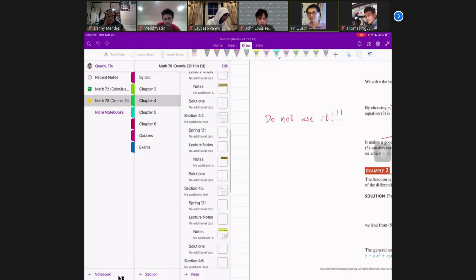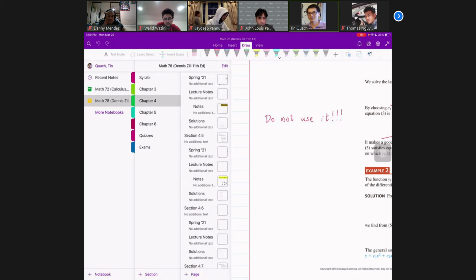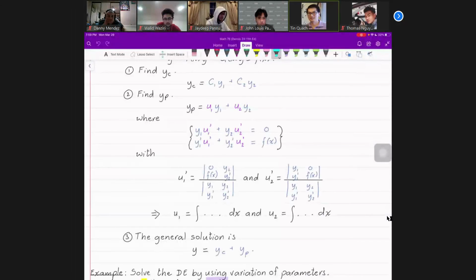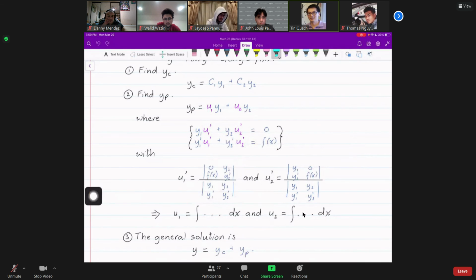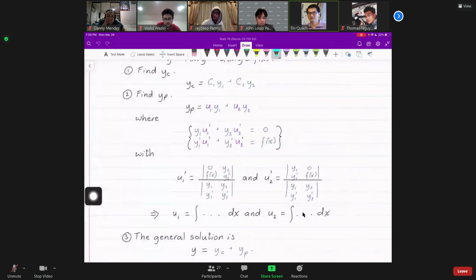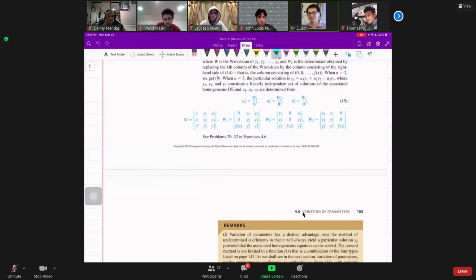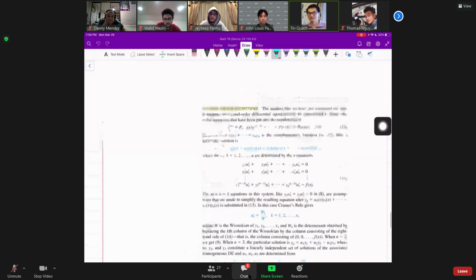For variation of parameters, you can do it the way that I did, or you can use the formulas for 3 by 3, which is the third order.